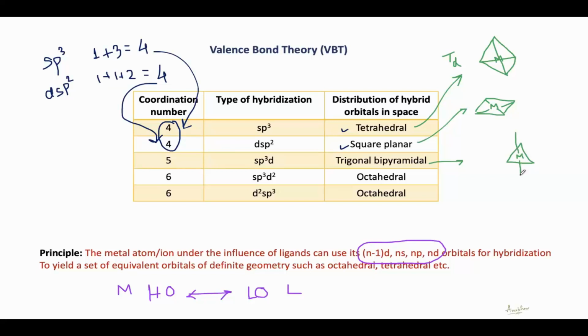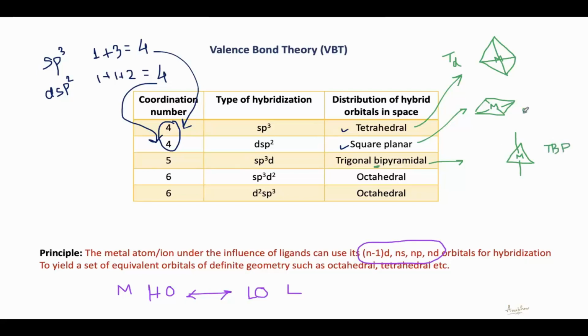Because this is a triangle, it is trigonal, and if you join these vertices to this point, it looks like a pyramid. There are 2 such points, one above the metal and one below the metal. That's why it is bipyramidal. So this geometry is termed the trigonal bipyramid geometry, which is basically TBP.